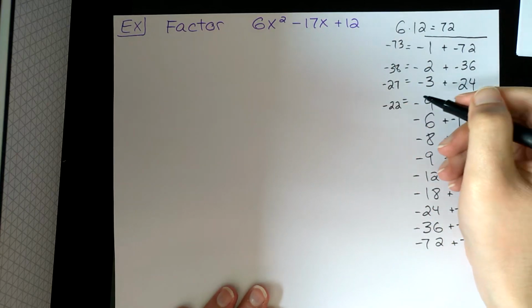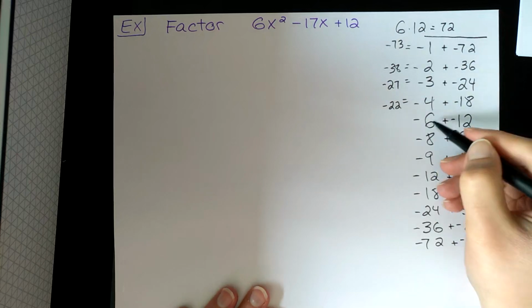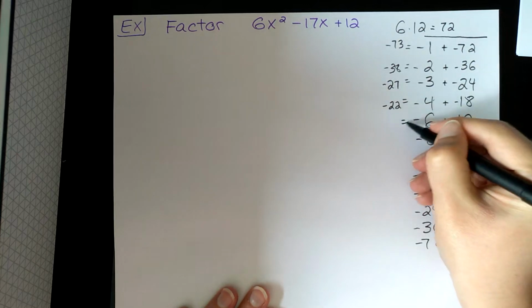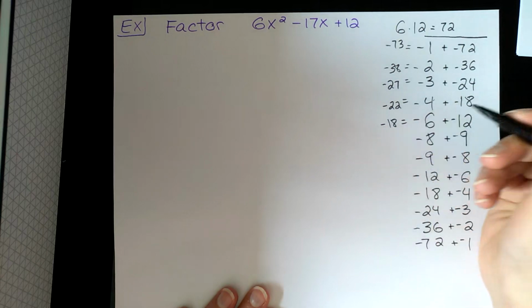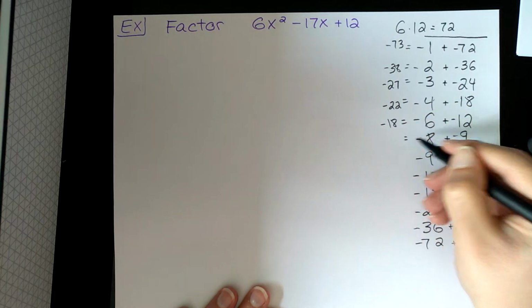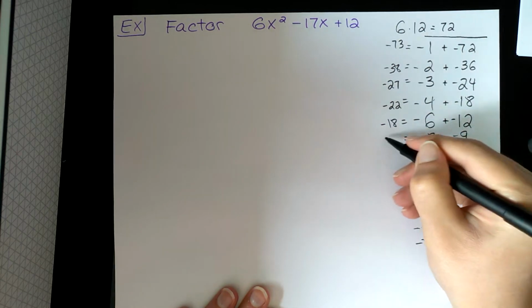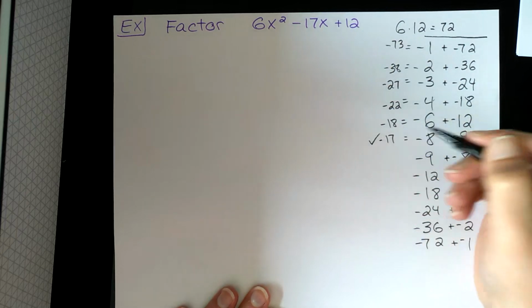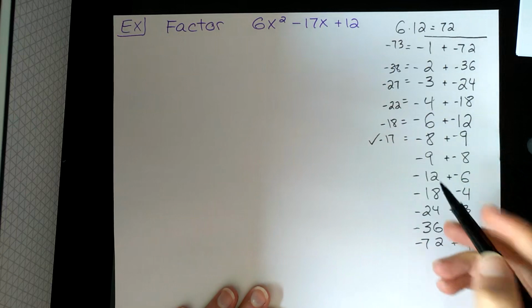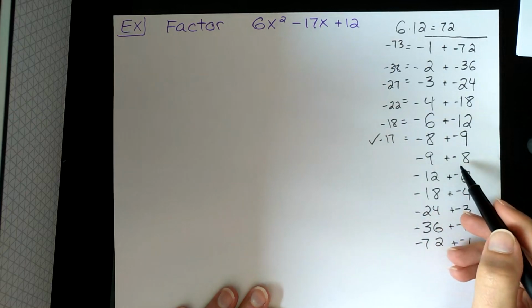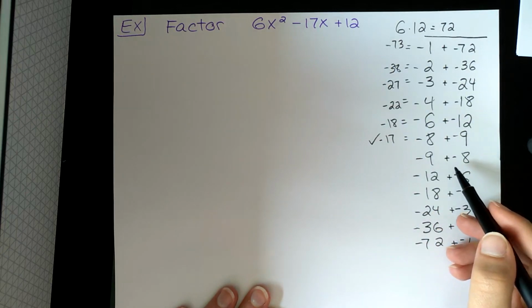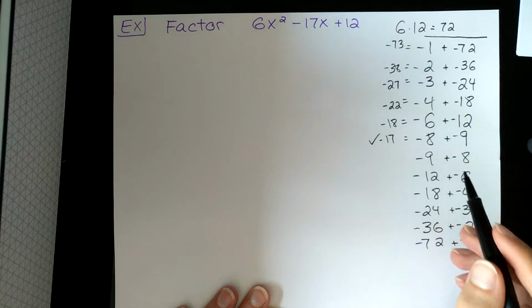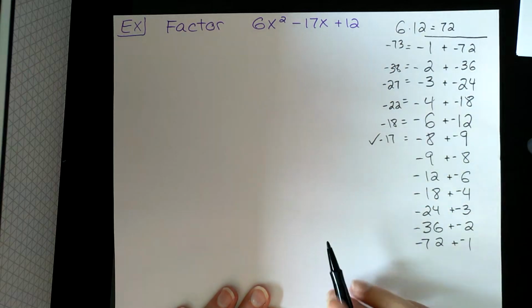We're getting closer, but still no. Negative 6 plus negative 12 is negative 18. Negative 8 plus negative 9 is negative 17. And that's exactly what we needed. Note, negative 9 plus negative 8 would also work. So either one of these will work perfectly well when we plug it back into the problem.